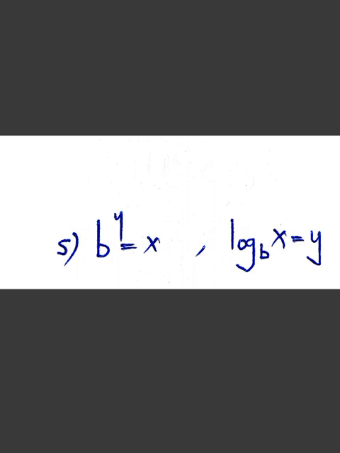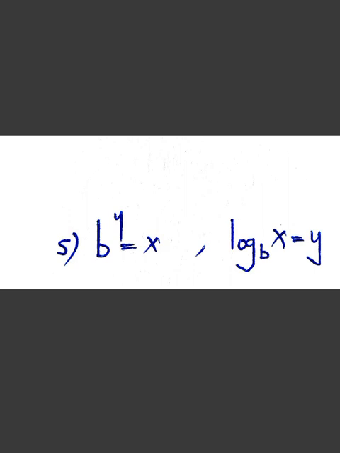Let's look at another property. I want you to pay attention here, because that's one of the properties which usually got me confused in grade 12. All right, so you've got b raised to the power y equal to x. So the expression which you have here is what we call an exponent.